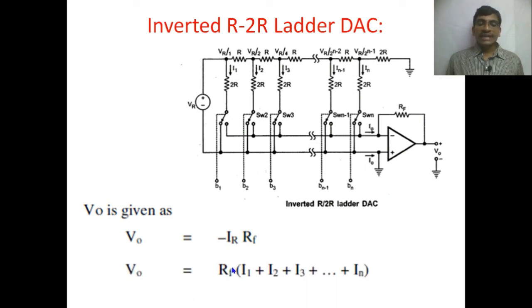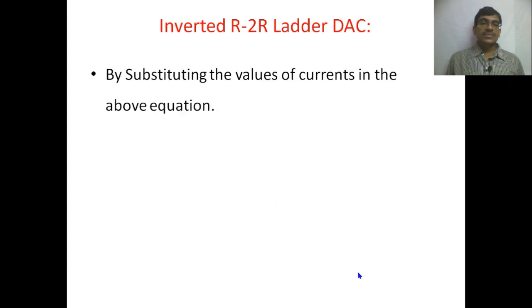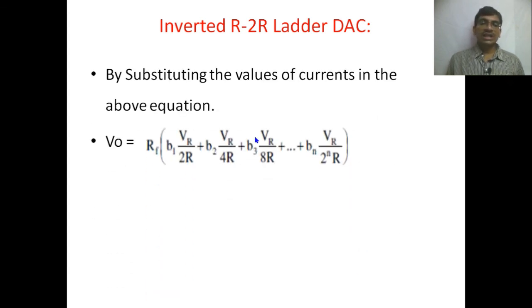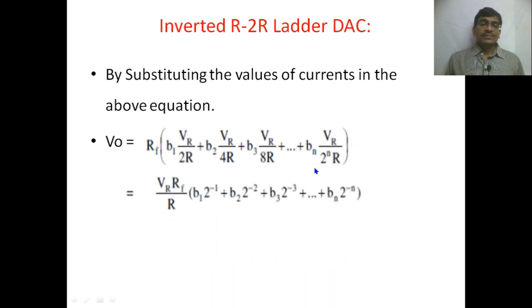Therefore, this IR current can be written as I1 plus I2 plus I3 and so on up to IN. If you substitute the values of currents in the above equation, the V0 can be written as RF into B1 into VR by 2R plus B2 into VR by 4R plus B3 into VR by 8R and so on, Bn into VR by 2 power n R.